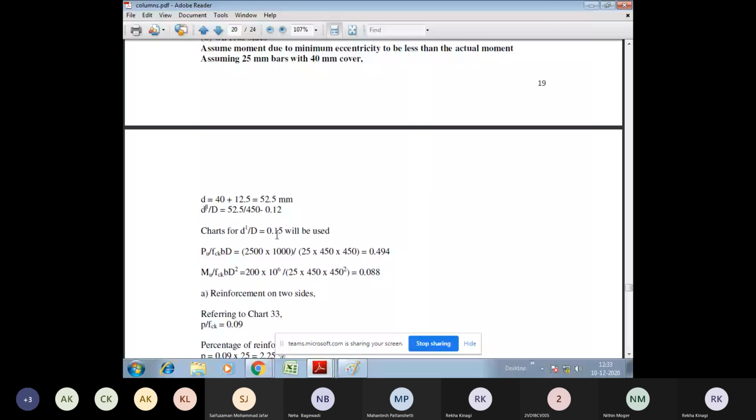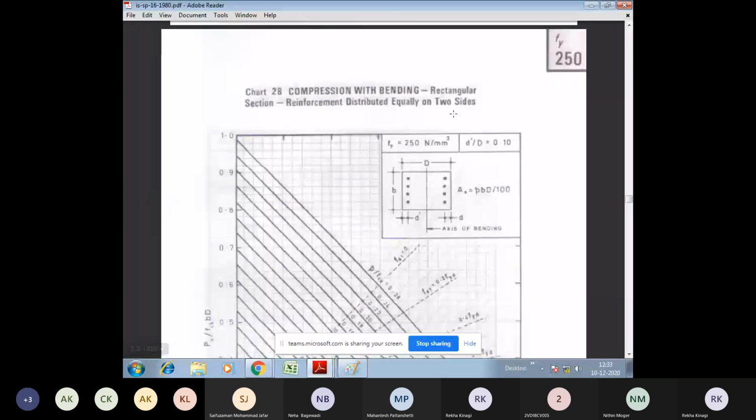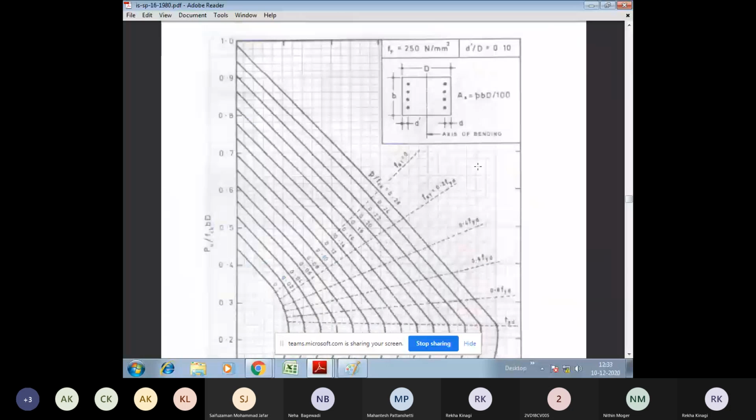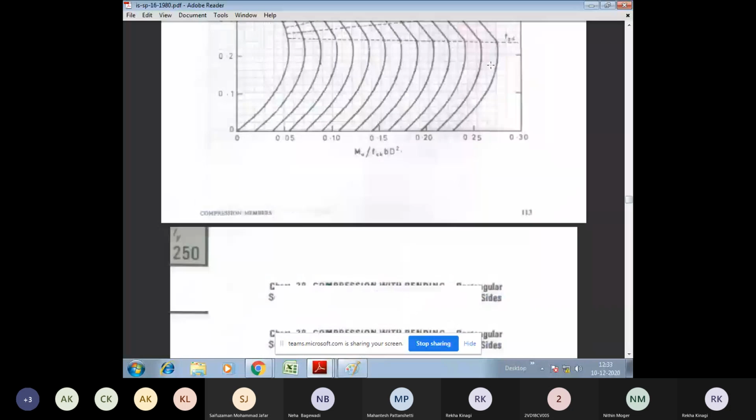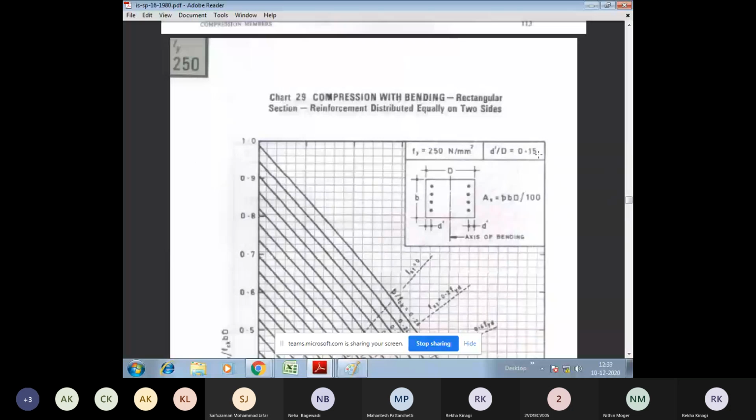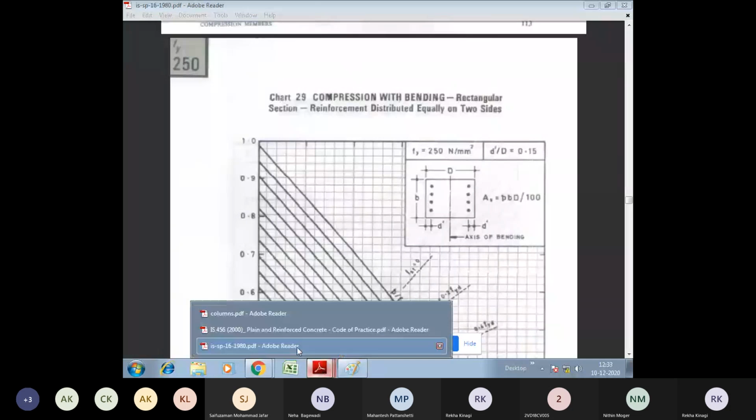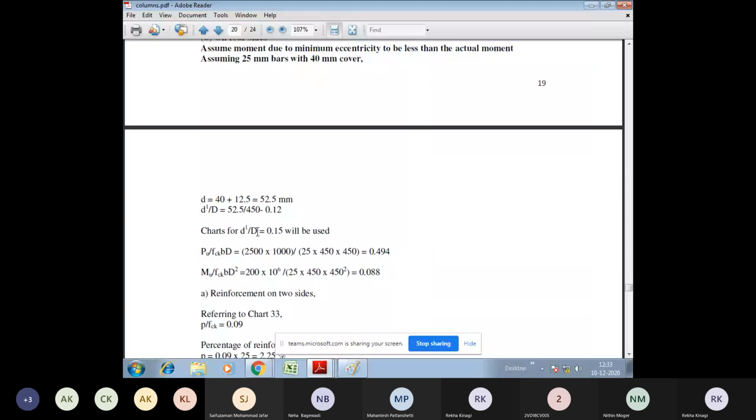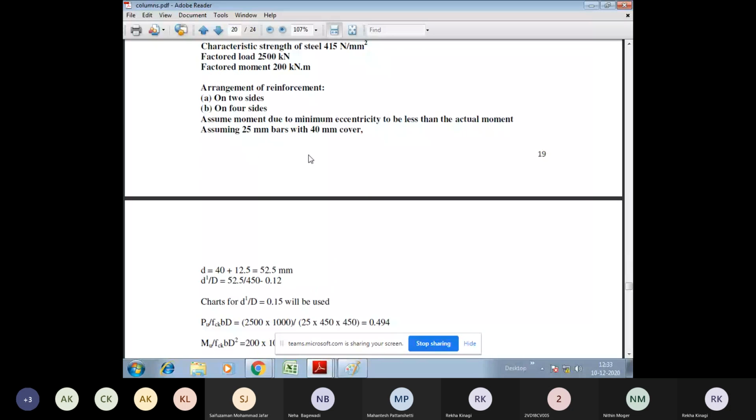If it is more than 0.1, we can directly refer to the charts for D dash by D value equal to 0.15. Here D dash by D value 0.1 is there, and D dash by D 0.15 is there. Let me check what the grade of steel is.